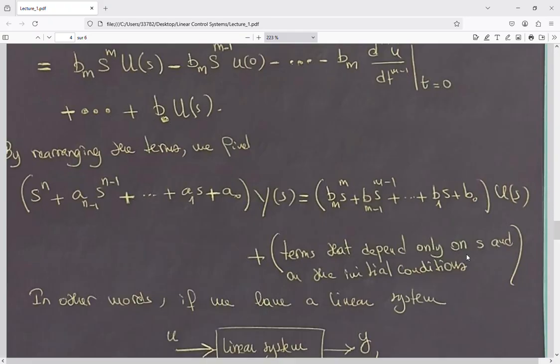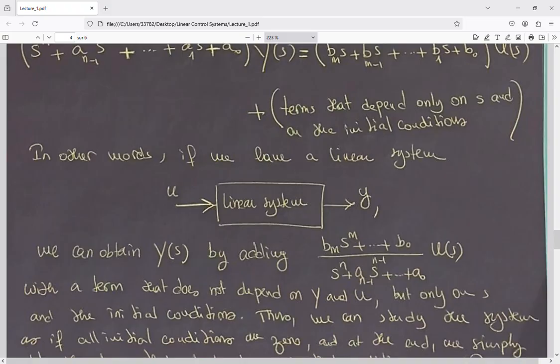So this is an algebraic equation. The signals that vary in the equation, Y of s and U of s, appear like this. You don't have derivatives here. You have just polynomials and the signals of interest, plus other constants.